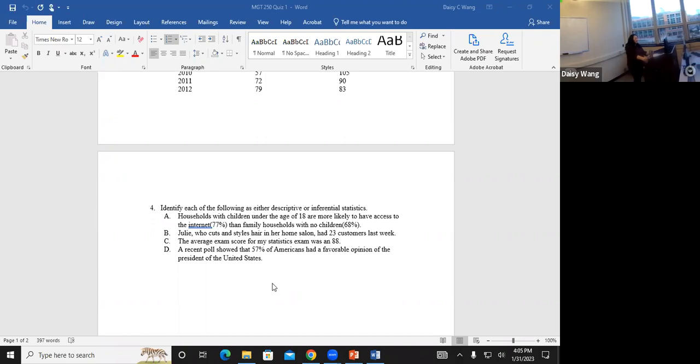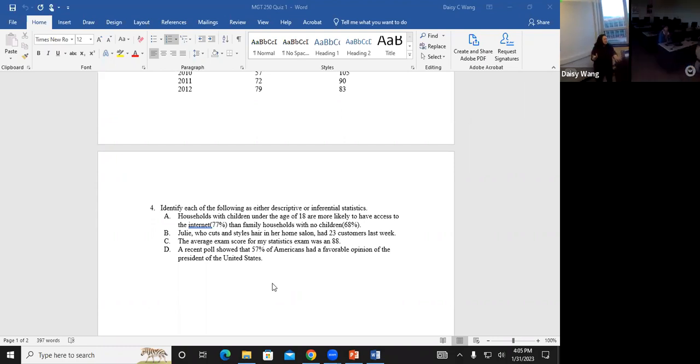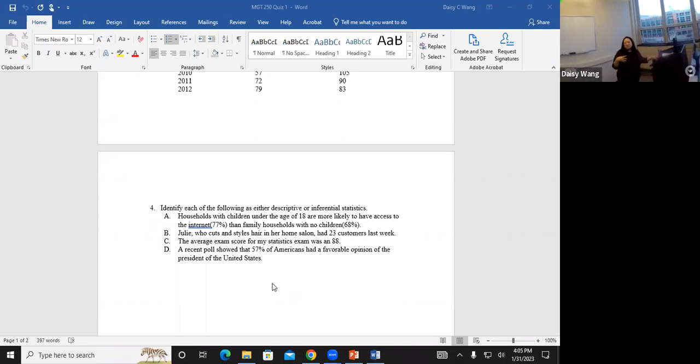And then C, the average exam score for the statistics exam was 88. So this is also descriptive because it just describes the average. But if I say the average of the statistics exam was 88, so that means the students in this statistics class don't study, and then that's inferential.